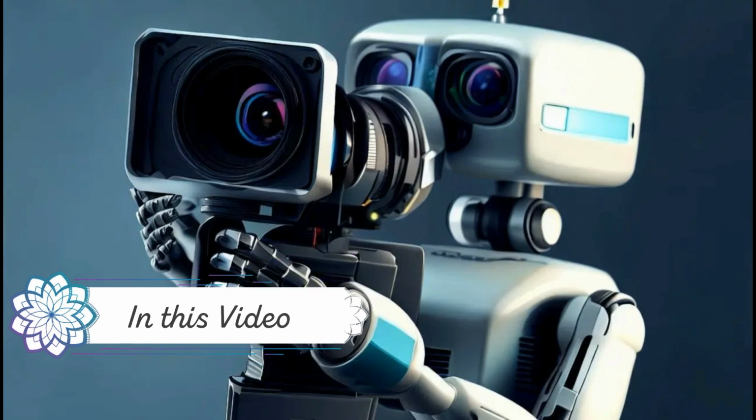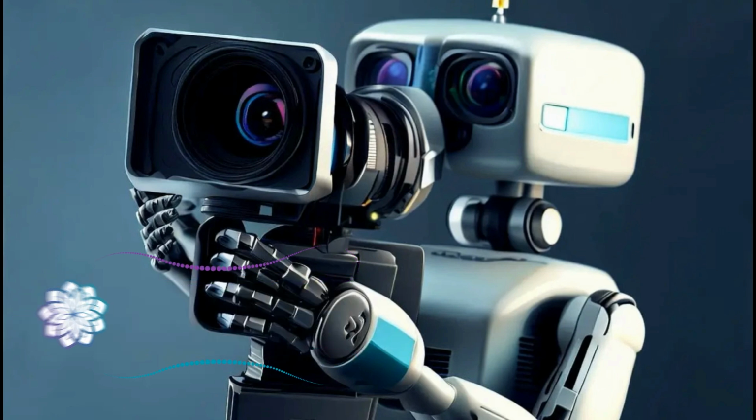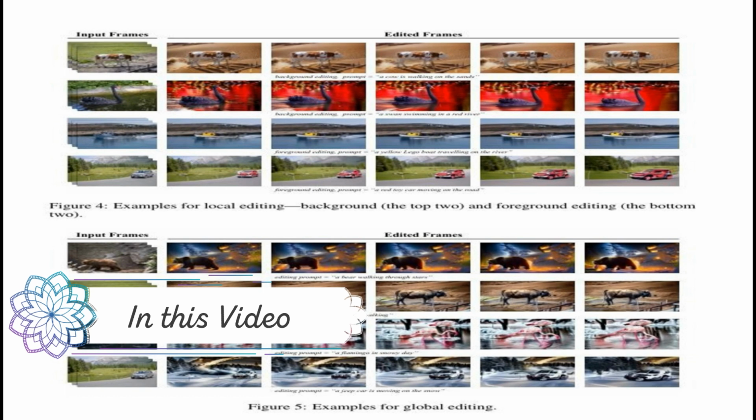The ability of AI to interpret, generate, and edit visual data is reaching unprecedented levels, opening doors to new creative possibilities and industrial applications. And dear friends, this makes it a powerful tool for film production, animated content creation, style transfer, and object-based video edits.